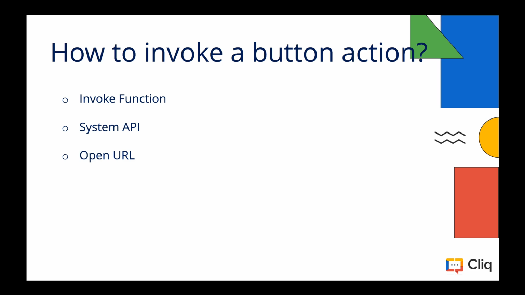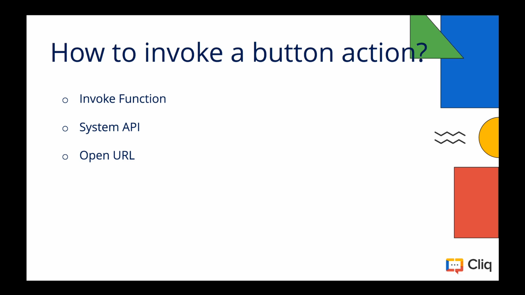Default chat options such as audio video calls, start chat, contact invite, get location access and so on. And finally, you can provide the open URL option. So buttons associated with this action will open the associated URL that you provided. Now do note that the open URL option will not work with instant buttons.